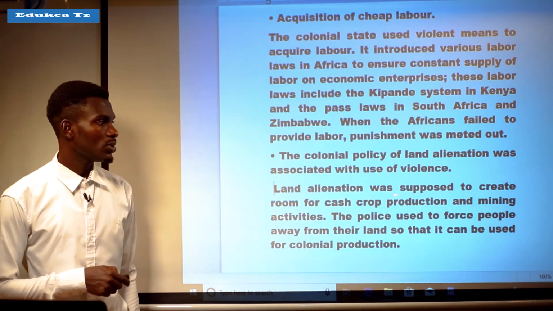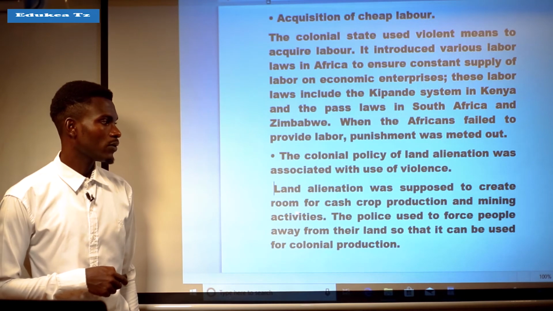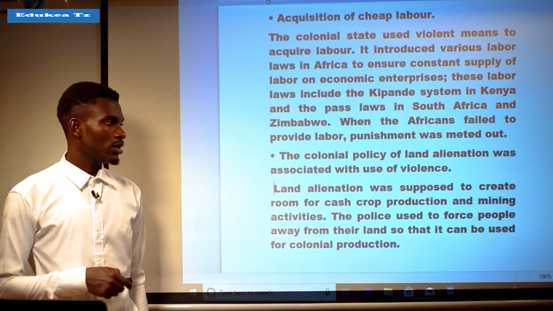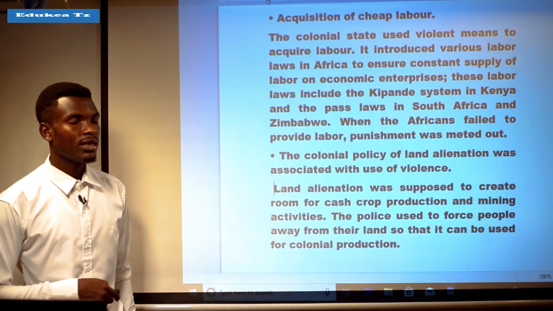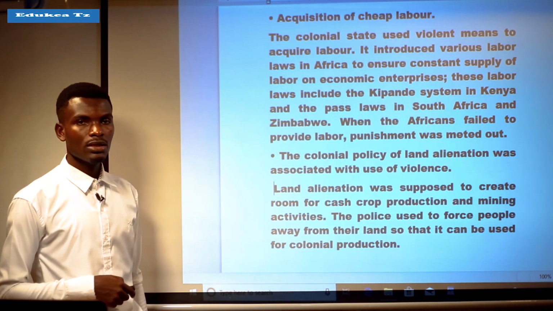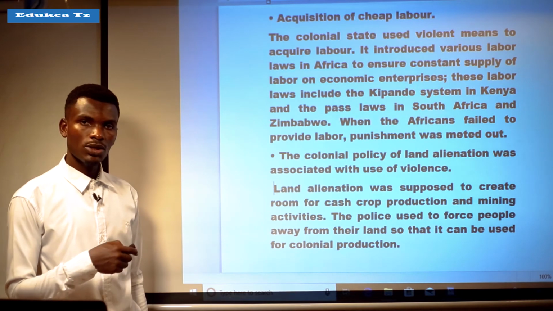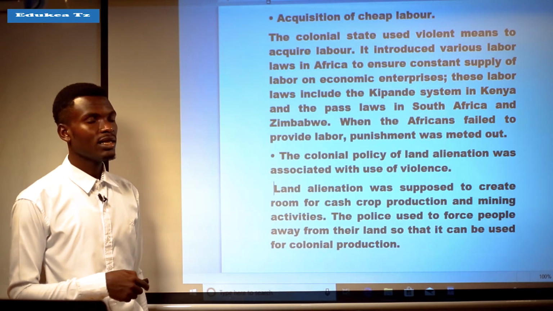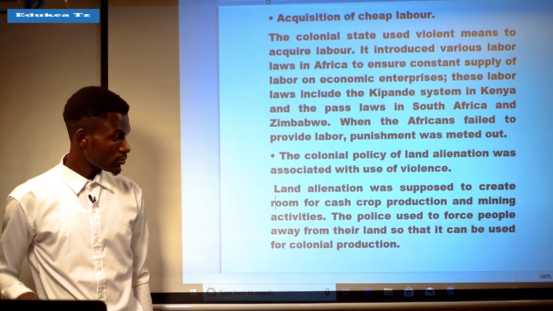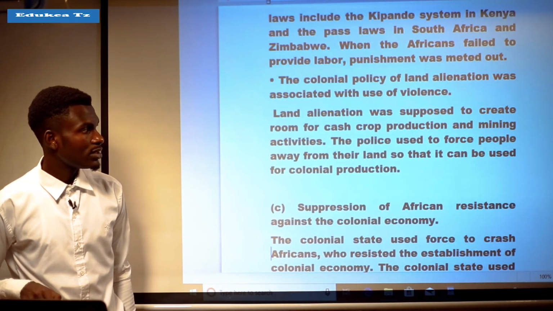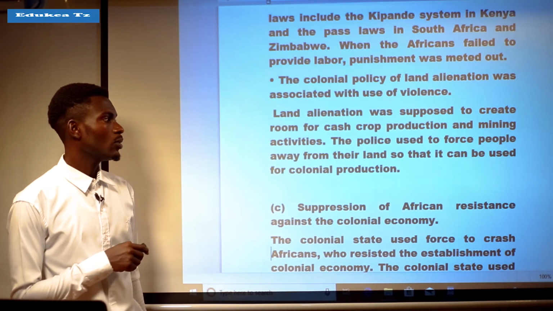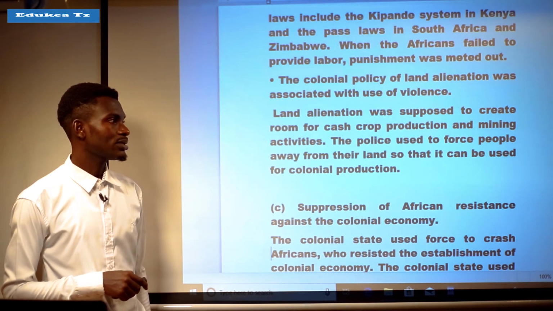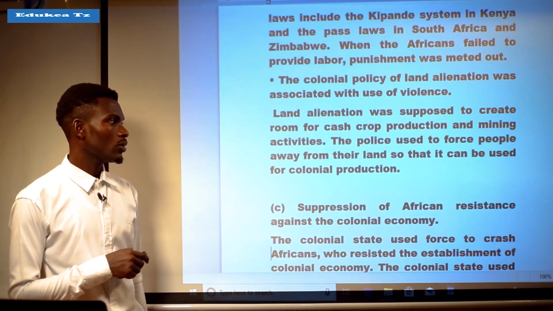Land alienation was supposedly to create room for cash crop production and mining activities. And the police were used to force people away from their land so that it could be used for colonial production.